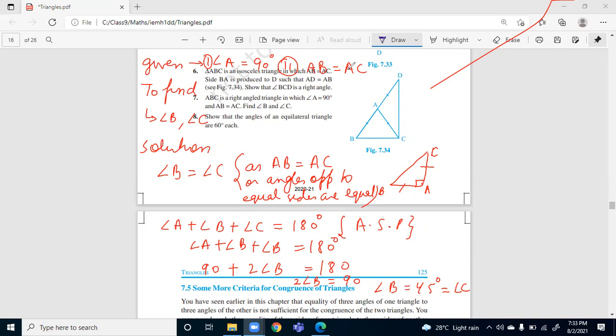In a right angled isosceles triangle, one angle measures 90 degree and the rest of the two equal angles are 45 degree each. So how have we done it? The angles opposite to equal sides are equal, then we applied angle sum property. Question number 8 is again very simple and I am giving you time to try it yourself. Then we will discuss. Show that angles of an equilateral triangle are 60 degree each.